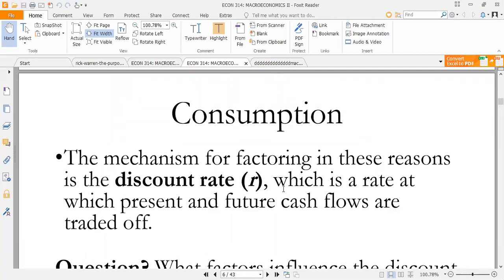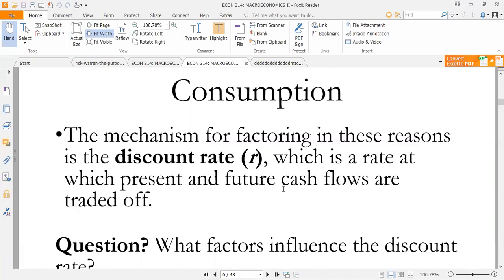So how are we able to bring the future values into the present time? We use the discount rate, and this discount rate shows the trade-off between future and present values. So if you have a value today, per the discount rate, you are able to get more in the future.